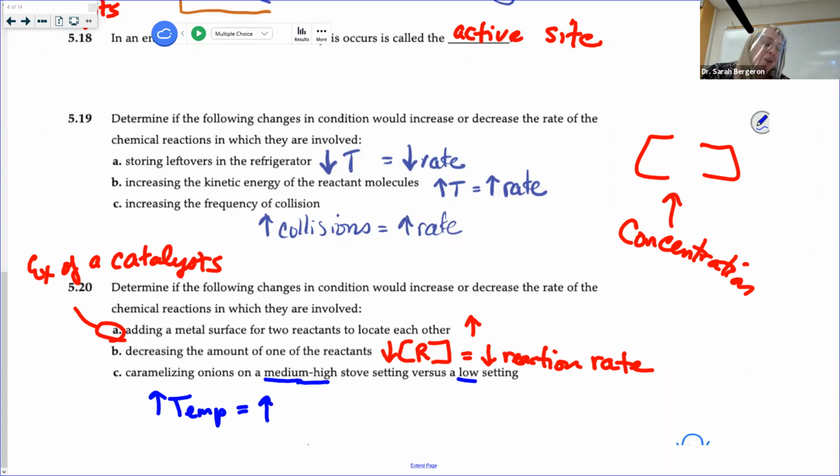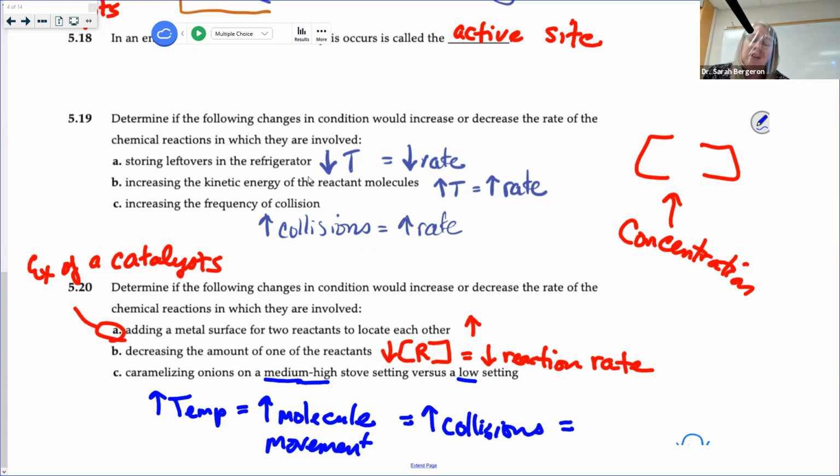You have an increase in the molecule movement. That's what temperature is. So if we increase our molecule movement, what are we more likely to have? Increased collisions. If we have increased collisions, what happens to our reaction rate? We increase our reaction rate.